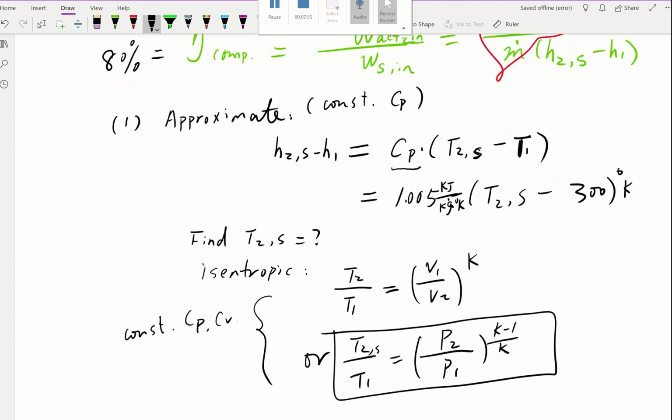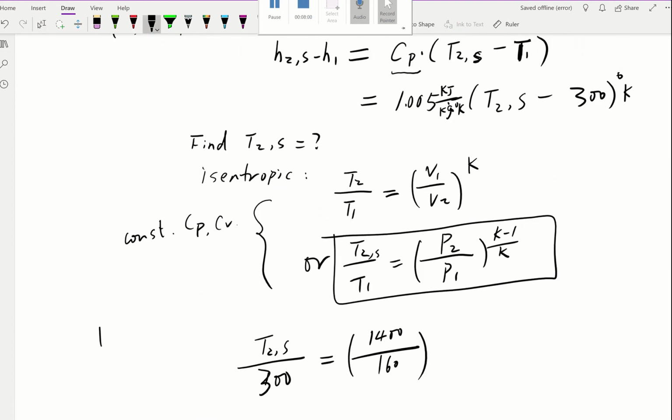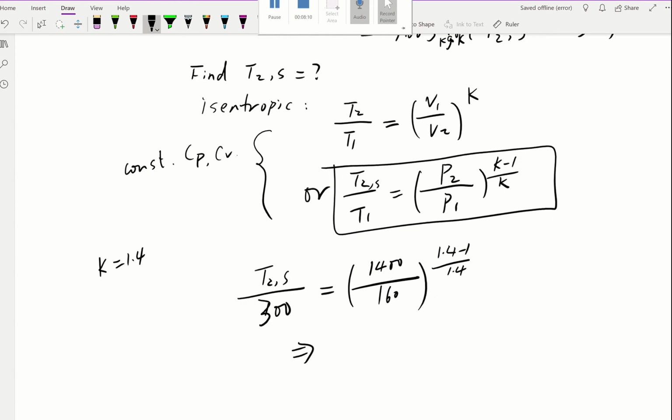Oh, we didn't say. Okay, K is 1.4 for air. The specific heat ratio is 1.4. So it's 1.4 minus 1 over 1.4. Then you can figure out the T2. You can solve T2 for this problem.